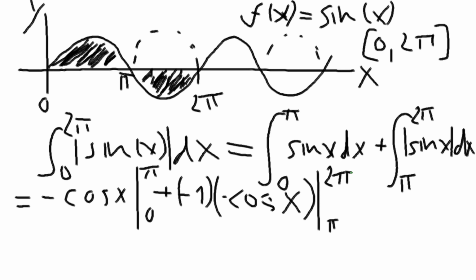So the only thing we had to do is multiply by -1 to make sure that the negative part was going to become positive.